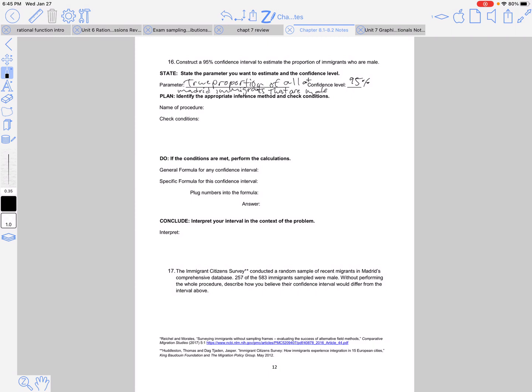So that's our statement. That's what we're trying to do, okay? We want to find the true proportion with this much confidence.